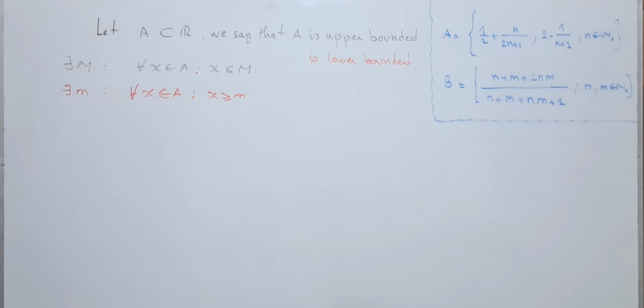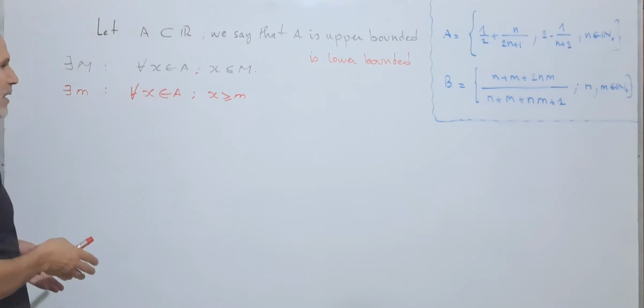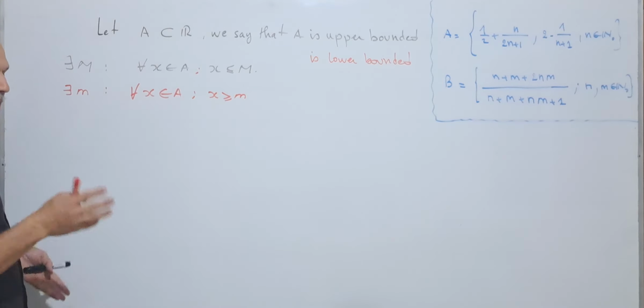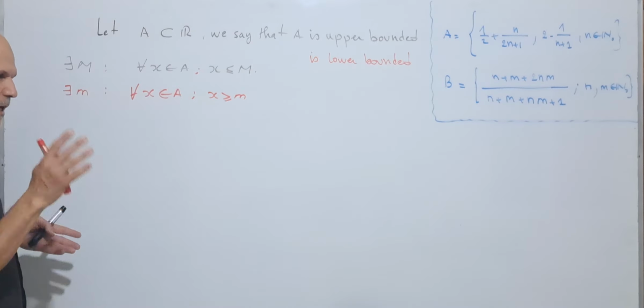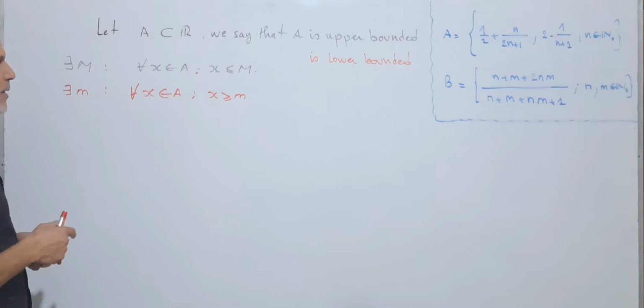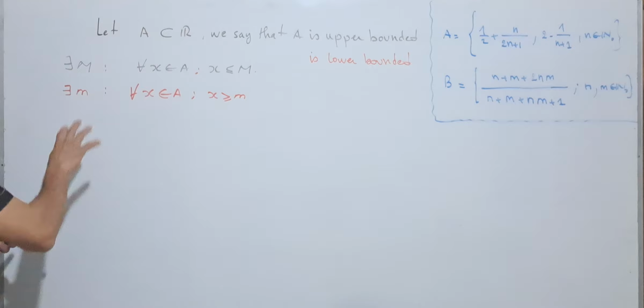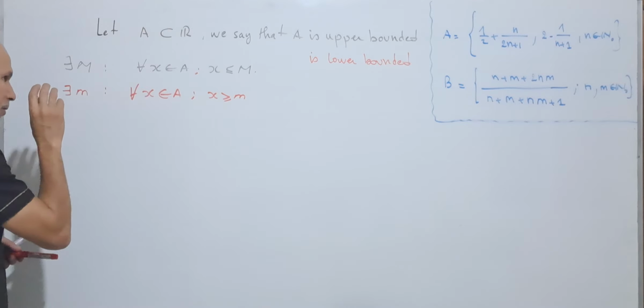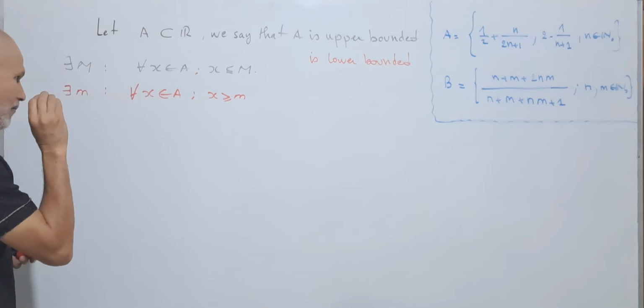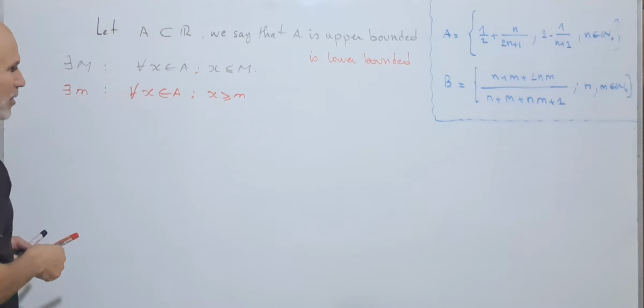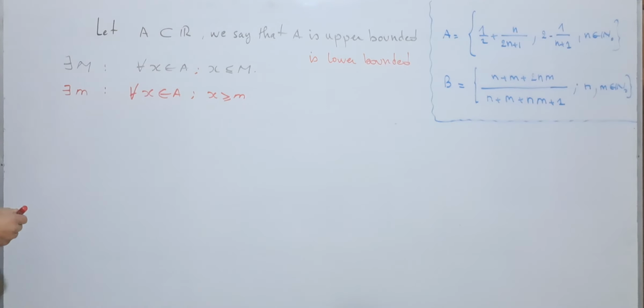And a subset of R is said to be bounded if it is at the same time upper bounded and lower bounded. This is the most important definition about extremum.